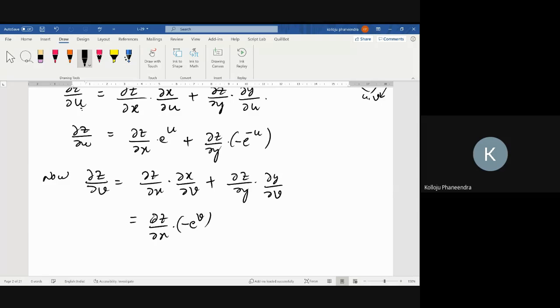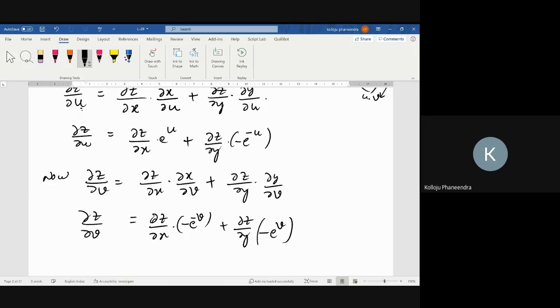Minus e to the power of v. Plus ∂z/∂y, and ∂y/∂v is what? This is minus there, right? And ∂y/∂v is minus e to the power of v. This is the value of ∂z/∂v.